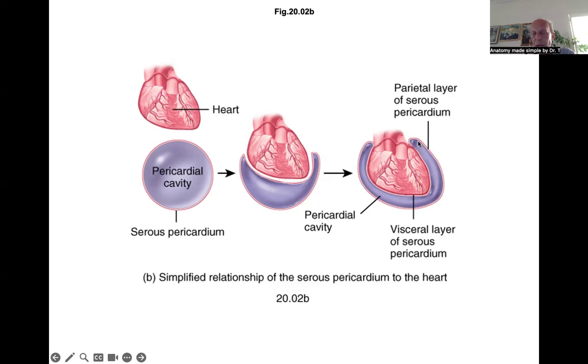That becomes the parietal layer, and this is attached directly to the fibrous pericardium, while the rest of the wall is attached directly to the surface of the heart, turning itself into a visceral layer or epicardium. In between them is the trapped space, the pericardial cavity, which we know would contain only a couple of droplets of pericardial fluid, ensuring that it is properly lubricated and that no friction is encountered as a consequence of the heart cycle.